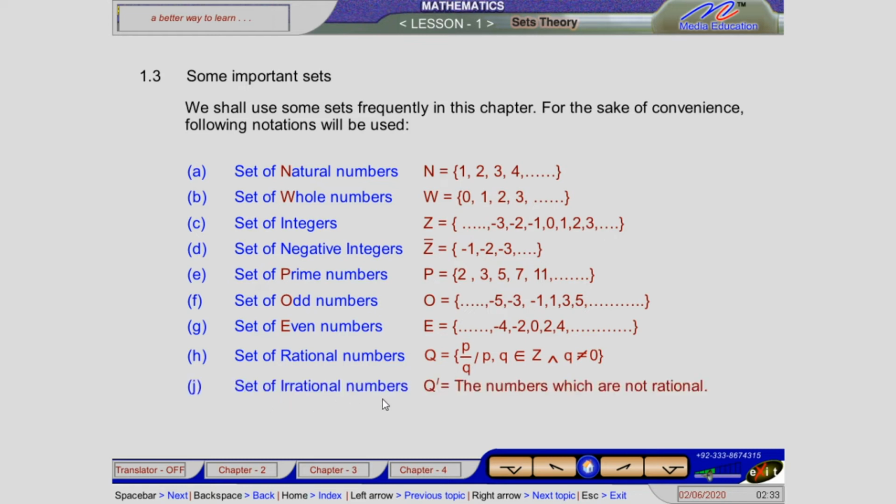Set of irrational numbers is denoted by capital Q prime, and it will include all those numbers which are not rational. Set of real numbers will include rational as well as irrational numbers. So it is actually a union of rational and irrational numbers.